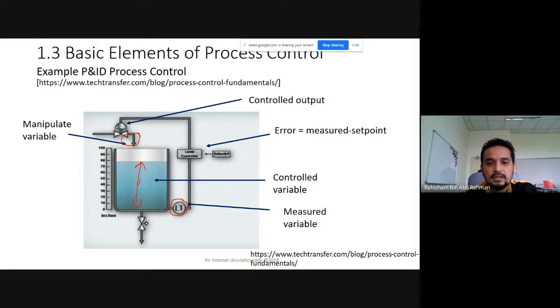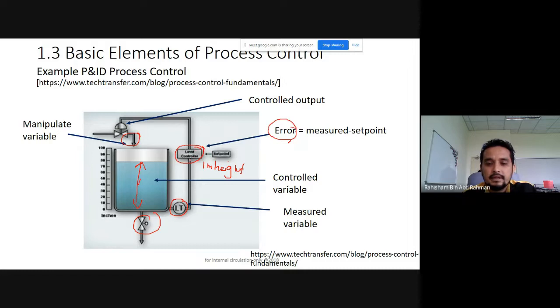We have the set point here. We decide at the controller that it has to be 1 meter high. So we have a valve opening here. You can decide this is the one.